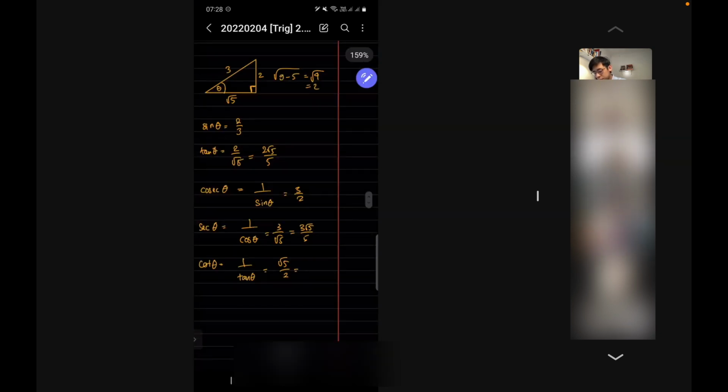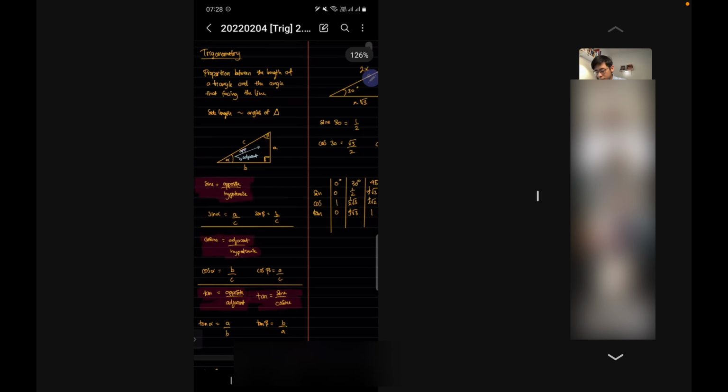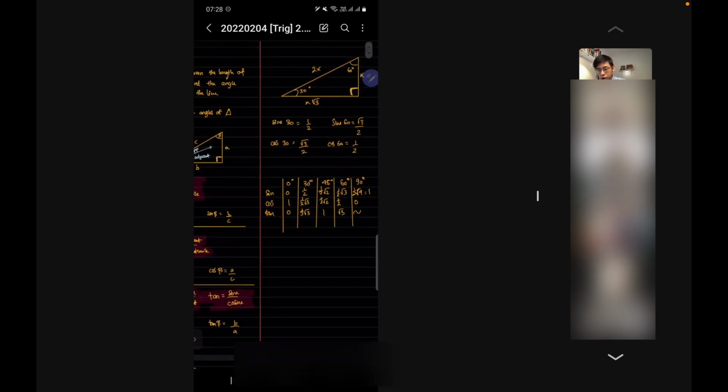So previously, why do we need this material? Previously we have talked about trigonometry, but all of them were in the context of an acute triangle, a right angle triangle, so the angle shouldn't be more than 90 degrees.